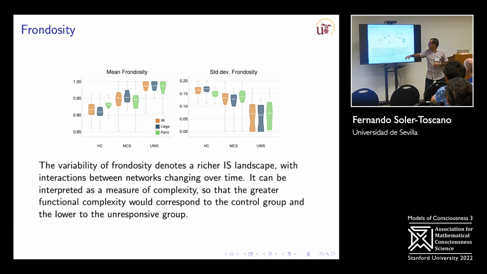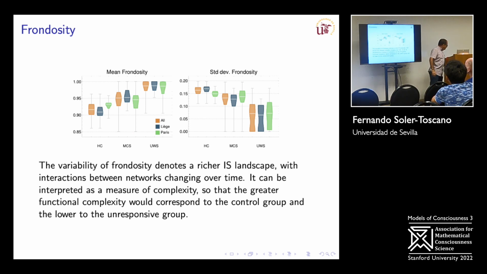In the case of unresponsive subjects, frondosity equal to 1 means that all possible nodes are in the structure, and it is produced when the activity is almost trivial, because there are no cooperative interactions, and the structure is always the same.